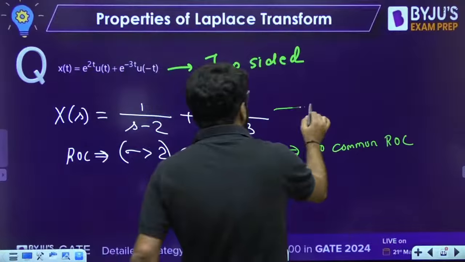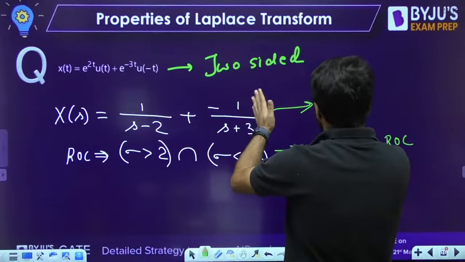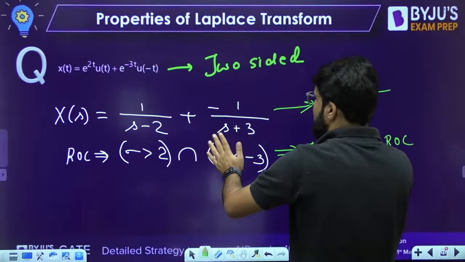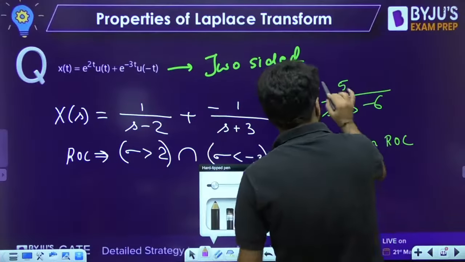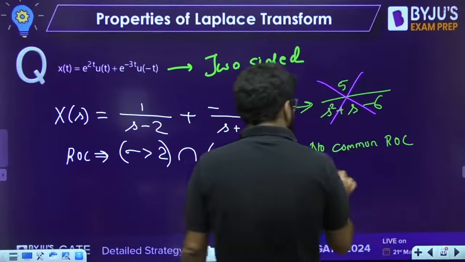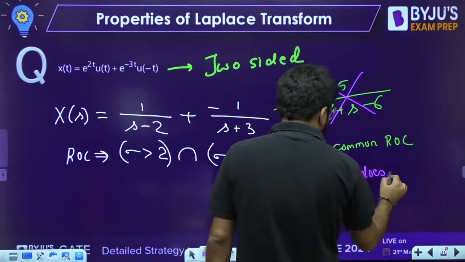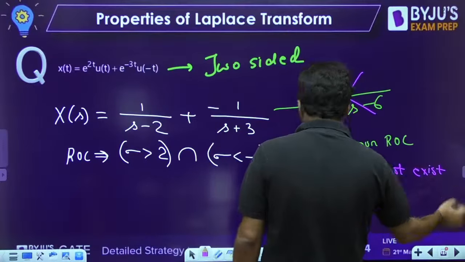Now please don't start calculating this. You may start calculating s plus 3 minus s minus 2, that will become 5 upon s square plus s minus 6. You may start calculating this, but this is wrong. There is no ROC. So I can say that the Laplace transform for this signal does not exist.